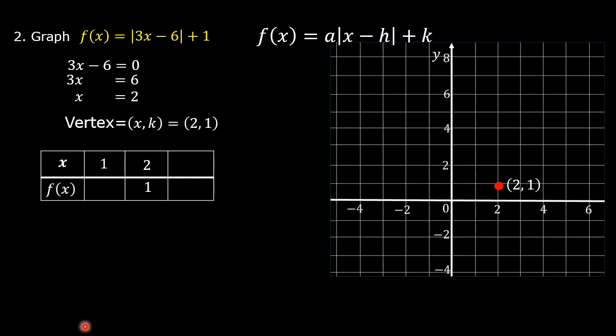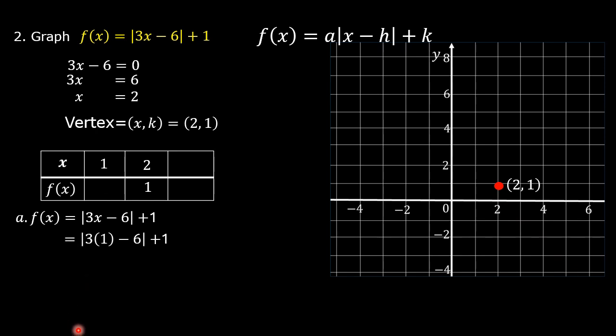When x is equal to 1, 1 is less than 2. f of x is equal to the absolute value of 3x minus 6 plus 1. We substitute 1 for x.